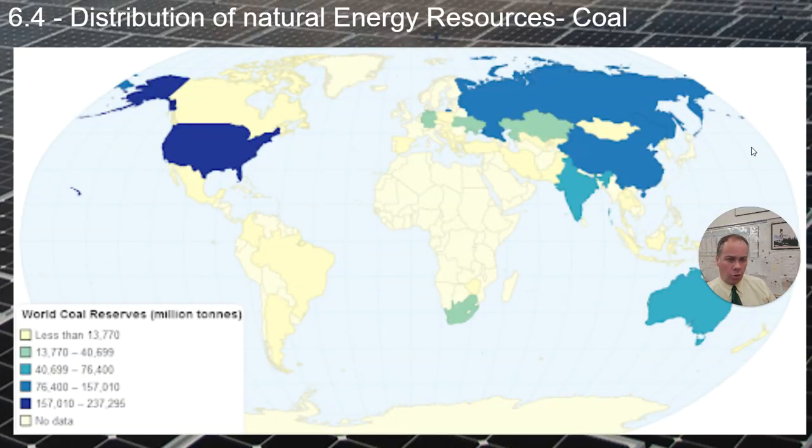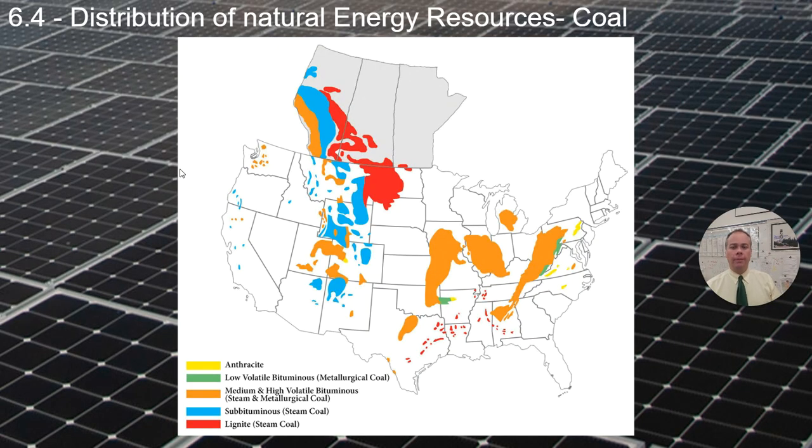If we think about coal, the U.S. has a fair amount of coal as well. Russia, China, India, Australia also are areas with large coal reserves. In the U.S., we see again the Appalachian coal reserves here.